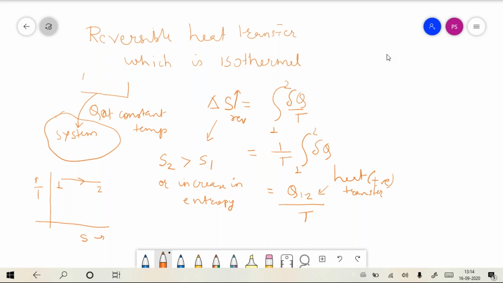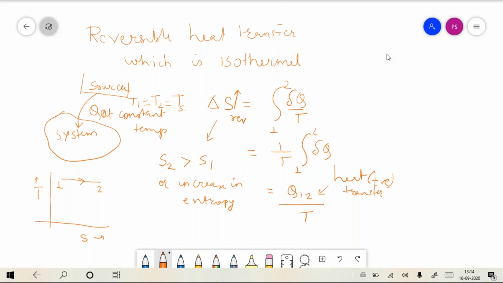So the temperature is constant, that is T1 would be equal to T2, which will be equal to the source temperature, and the entropy would increase from S1 to S2. So you need to keep in mind that in a reversible heat transfer which is isothermal, the entropy would increase, and it would not remain constant.